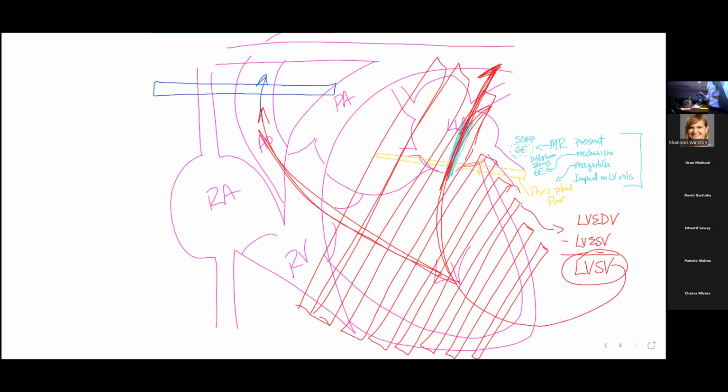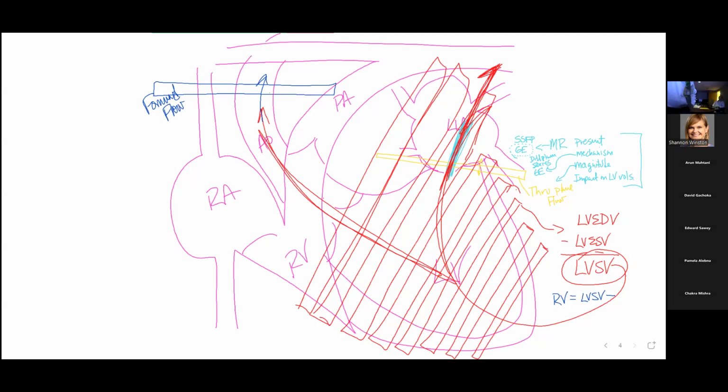in the ascending thoracic aorta and measuring through plane flow here. So to get the regurgitant volume, you can get the LV stroke volume, and you can subtract the forward flow in the ascending aorta.